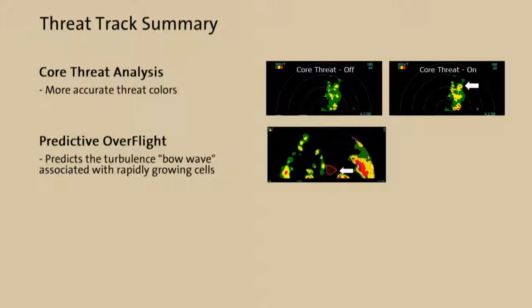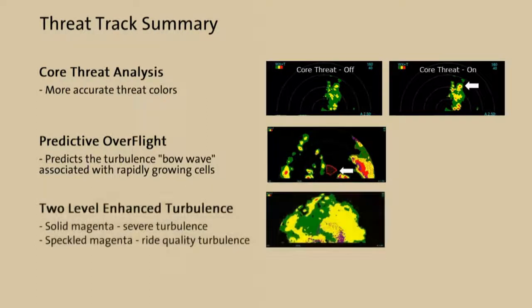When turbulence is predicted based on the rapidly growing cell beneath the aircraft, a predictive overflight icon is displayed. Because predictive overflight is based on a measured thunderstorm growth rate, pilots should avoid the region overlaid by the icon. Two-level enhanced turbulence paints severe turbulence as solid magenta and ride quality turbulence as speckled magenta.